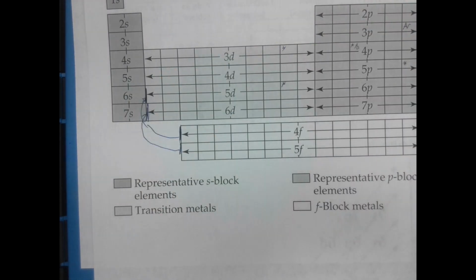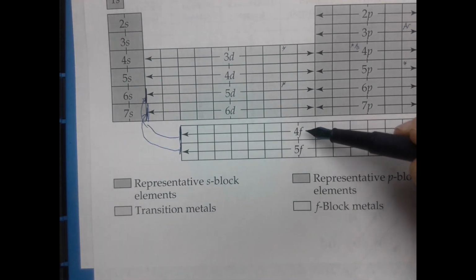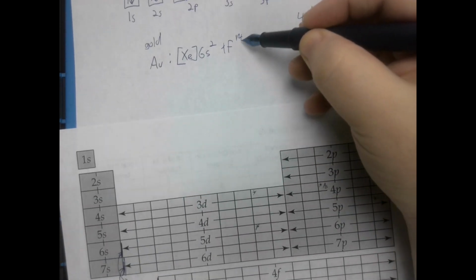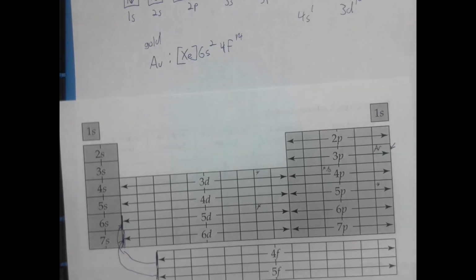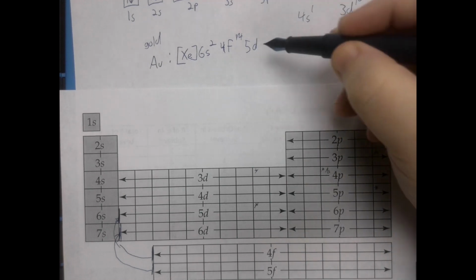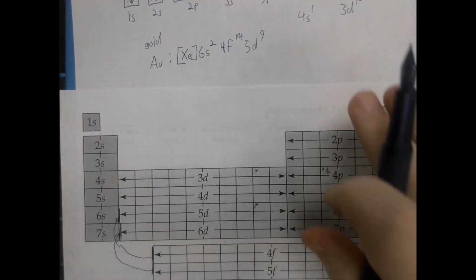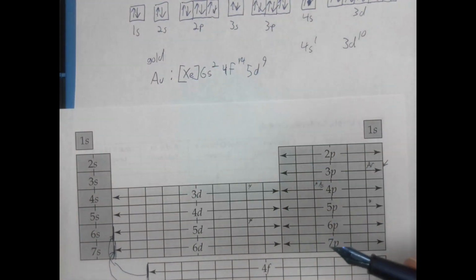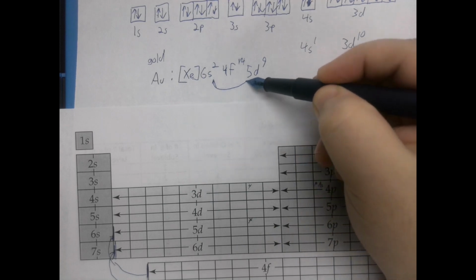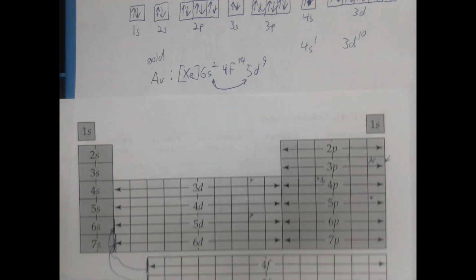So when reading the row, after 6s2 technically is 4f14. Then we have 5d9. Again, technically gold is an exception. This electron actually bumps up to this one in real life, but you can ignore exceptions.